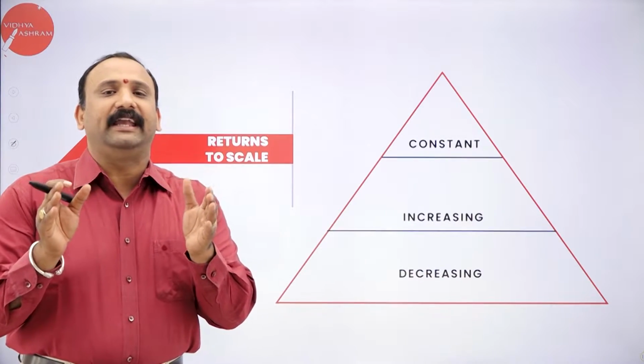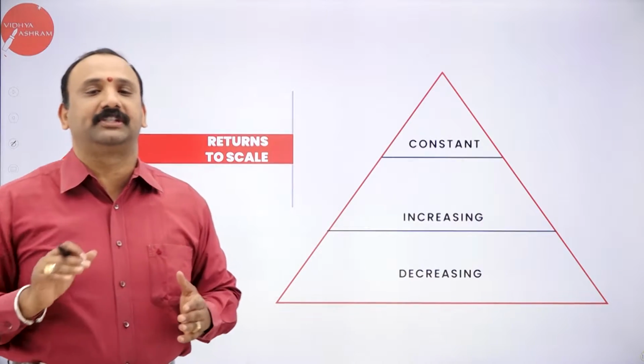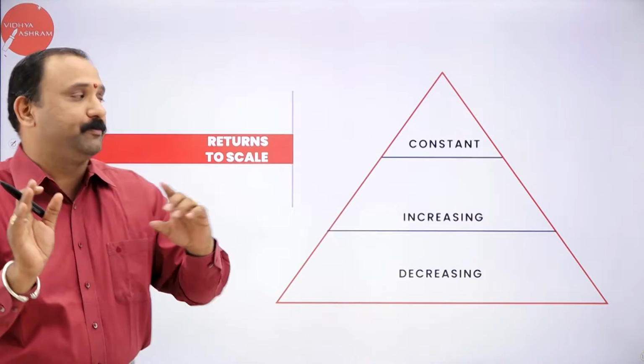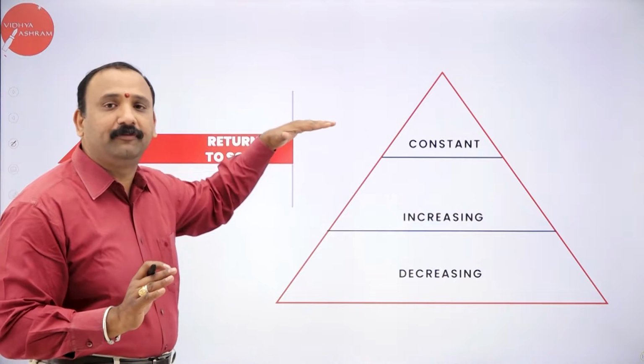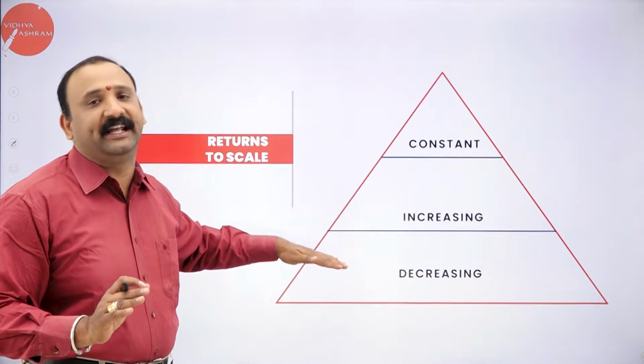So automatically every business will be interested in returns to scale, and that is a very important concept when it comes to economics. There are three types of returns to scale: constant, increasing and decreasing.